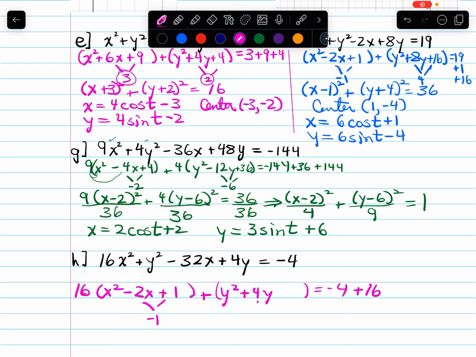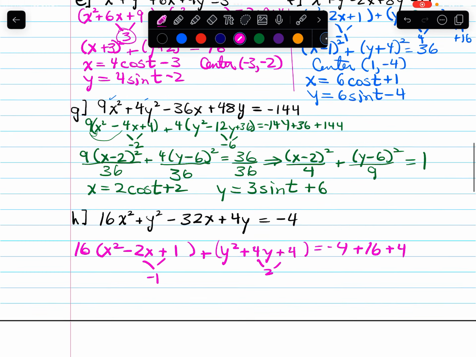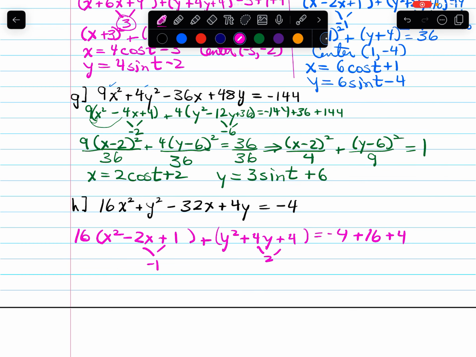Now over here, you take half of this 4. So I've got to add a 4 over here. Okay, yeah. So see what you've got now. You've got 16 times (x minus 1) squared plus (y plus 2) squared equals 16.